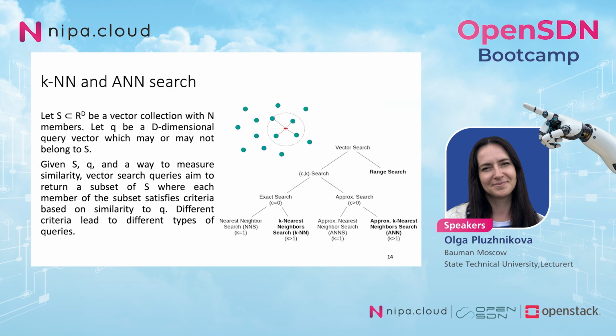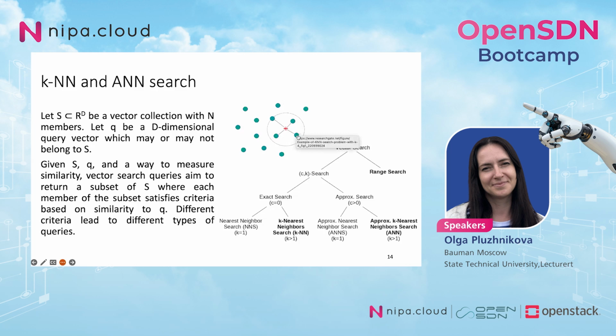Most vector databases support nearest neighbor queries, where the aim is to retrieve vectors from the dataset that are physical neighbors of the search query in vector space. These queries may aim to return exact or approximate nearest neighbors, and may also specify the number of neighbors to return. It can be called a CK search query, where C indicates the approximation degree, the radius, and K is the number of neighbors.